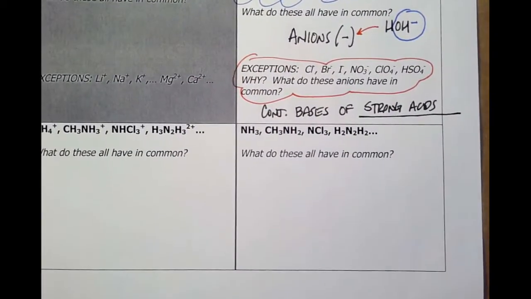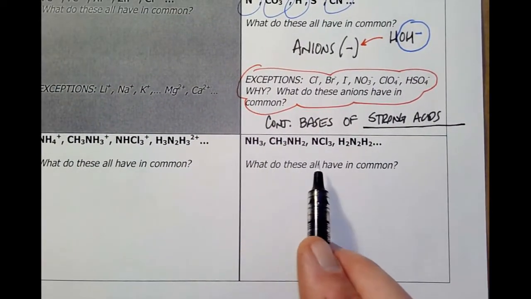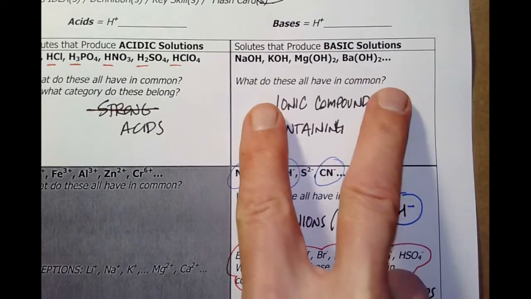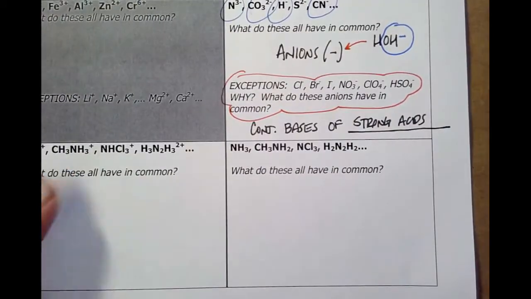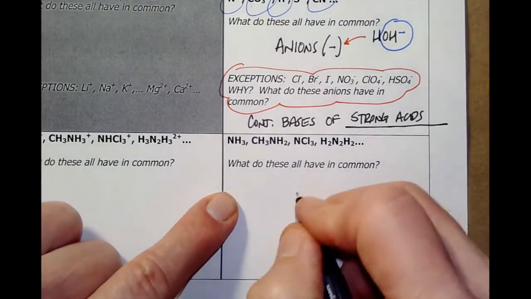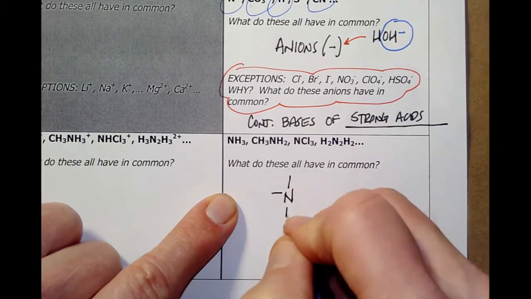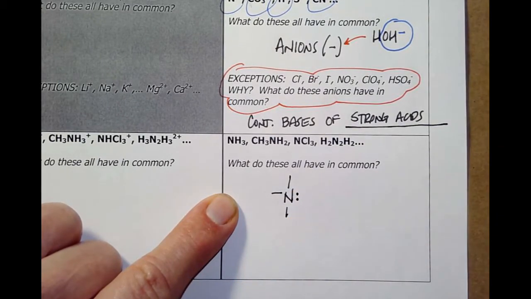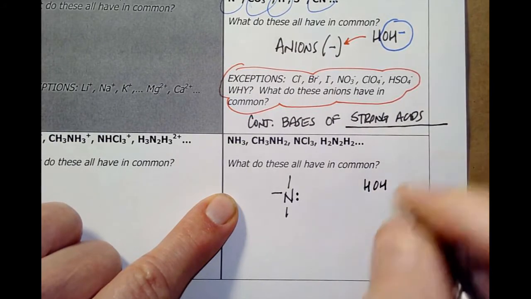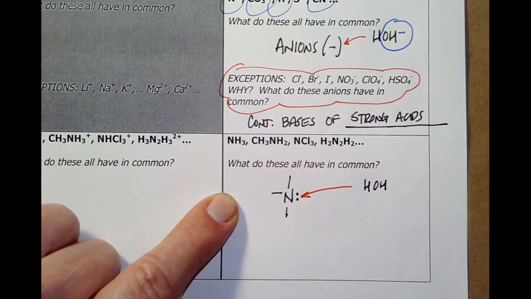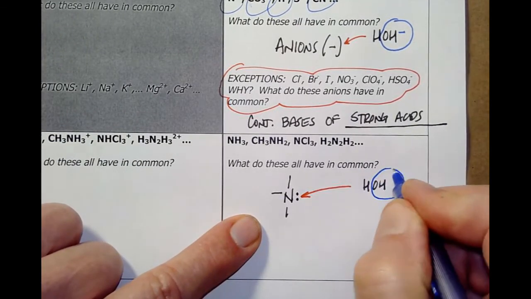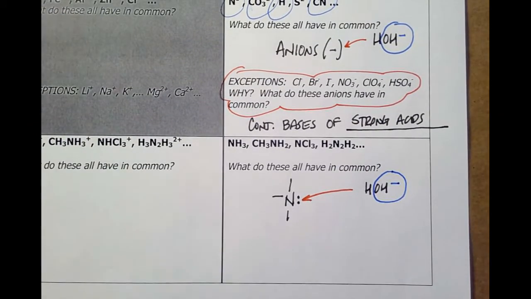Now, let's go down here. What do all these compounds have in common? Again, these are all substances, compounds, ions that give me basic solutions. These are all neutral compounds that contain nitrogen. If I think of a water molecule, that H+ could come off and form a coordinate covalent bond with nitrogen. If that pulls that off of water, then bingo, I've got hydroxide there.